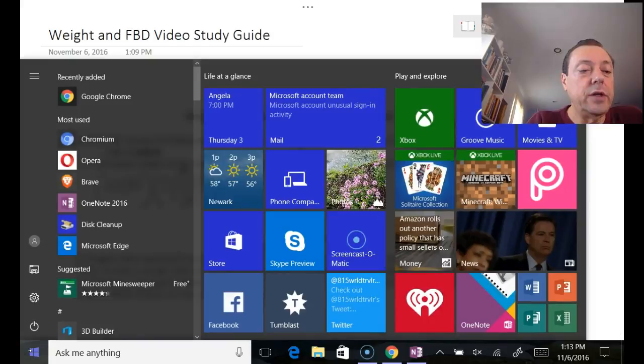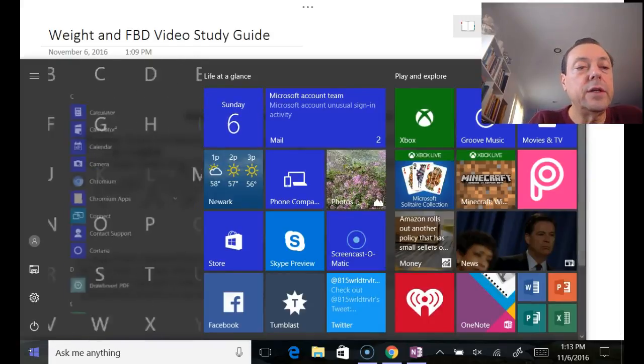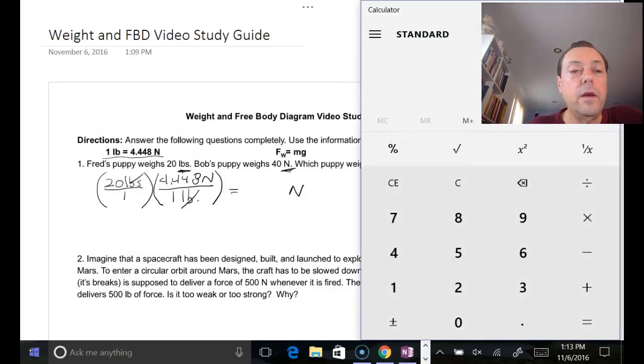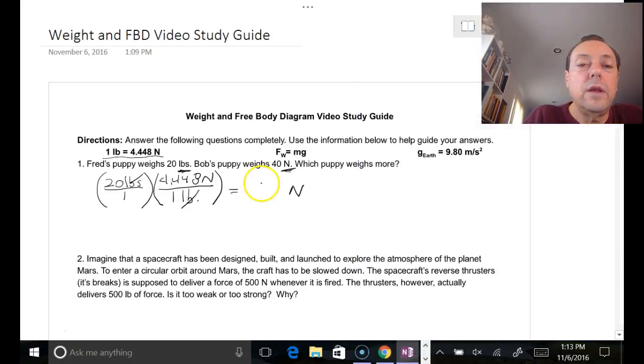And let me make sure I multiply that correctly. I'm going to say 20 times 4.448 equals. So that's about 89 newtons.